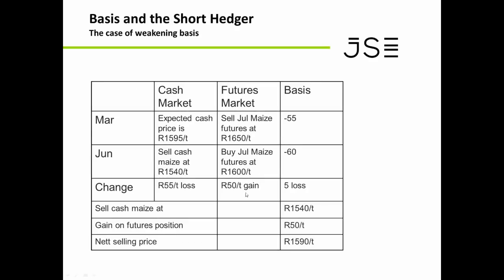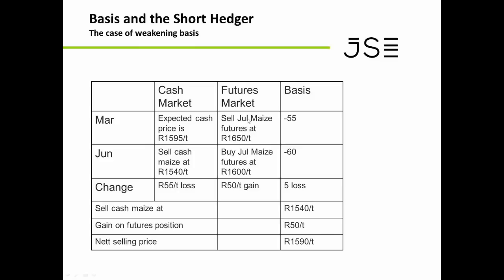So in this case, because we already have a negative, which represents an under, where we say the basis is under the futures price, so it's 55 and here it became more negative, so it's a weakening basis. So what is the scenario in this case? Again, here we retain the same figures for the futures contract.